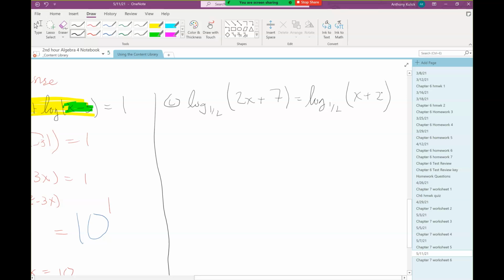So let's look at this one. We have log base 1/2 of 2x plus 7 equals log base 1/2 of x plus 2.